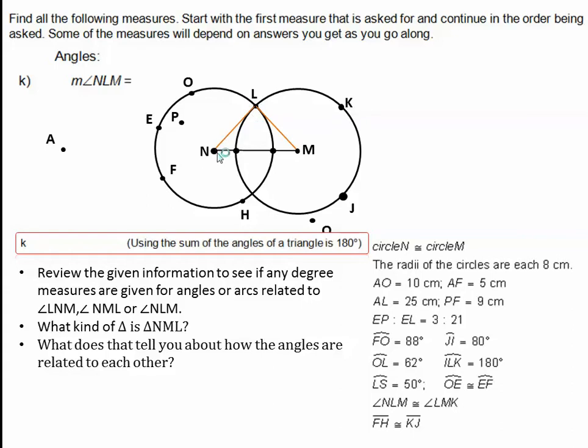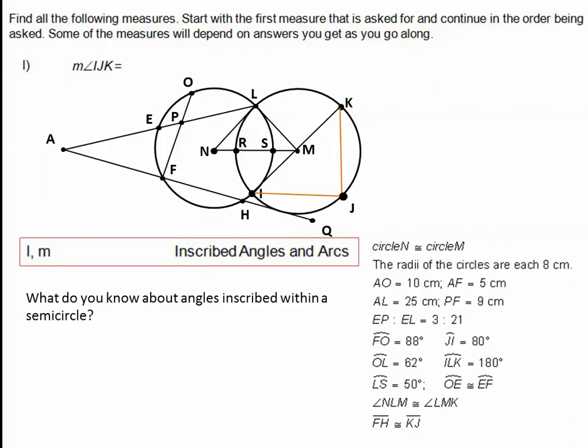I'm looking to see where all these angles are. NLM. Okay, what kind of triangle? After you fill in all that information, you'll be able to identify triangle NML, what kind it is. And what does that tell you about how the angles are related to each other? That'll all help you answer that problem.